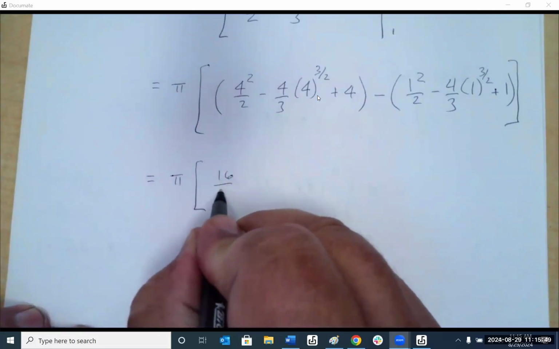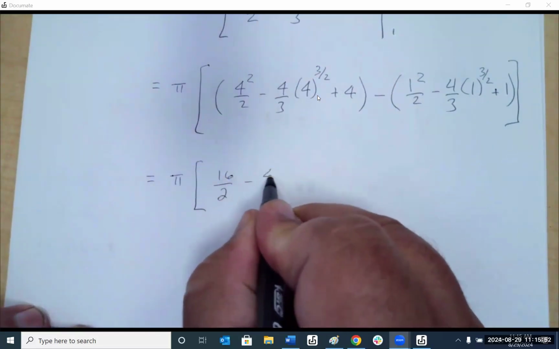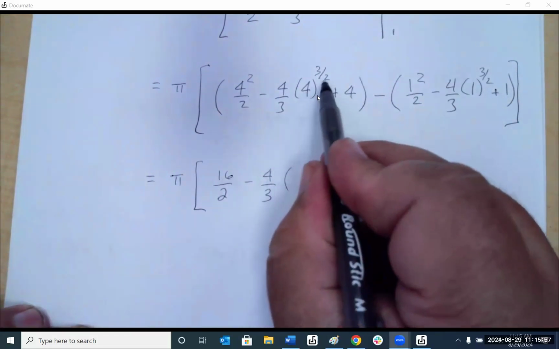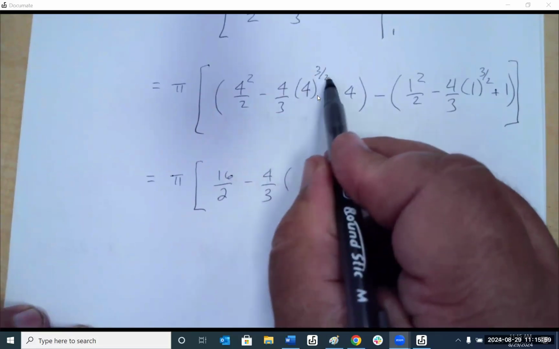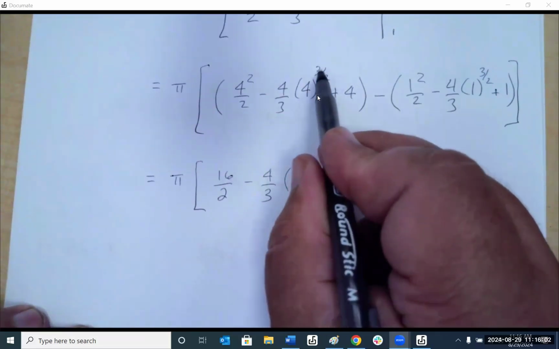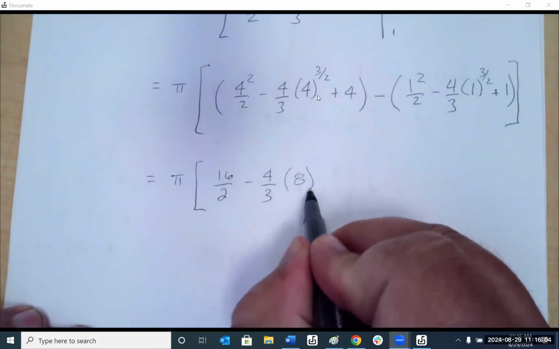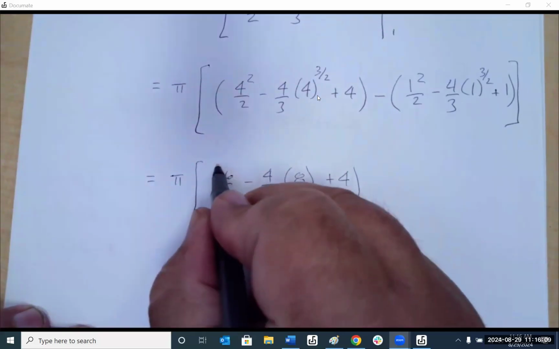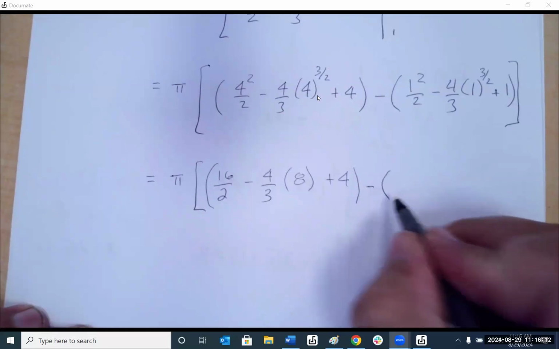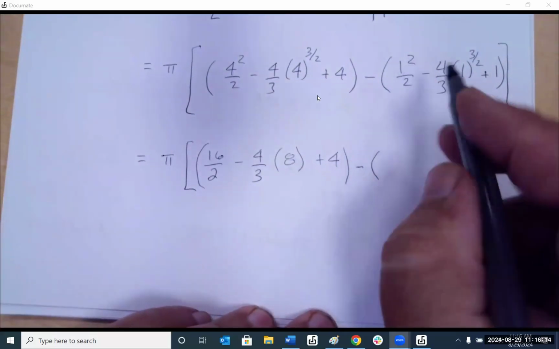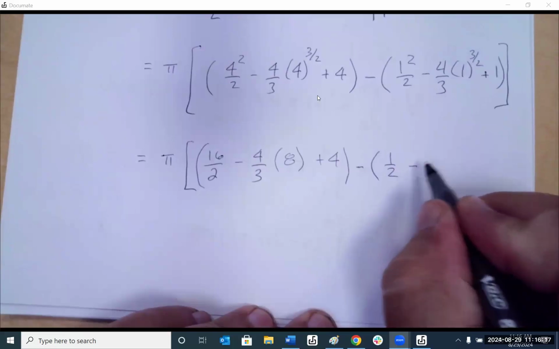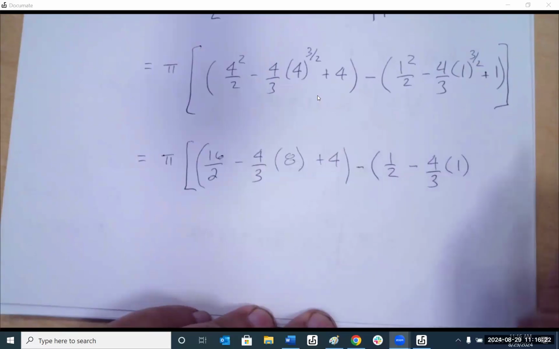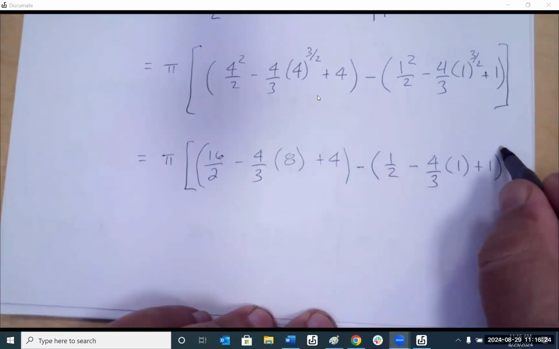Four squared is 16. So because it's divided by 2 up there, so square root of 4 is 2. 2 cubed is 8. One squared is 1 over 2. One plus 1.